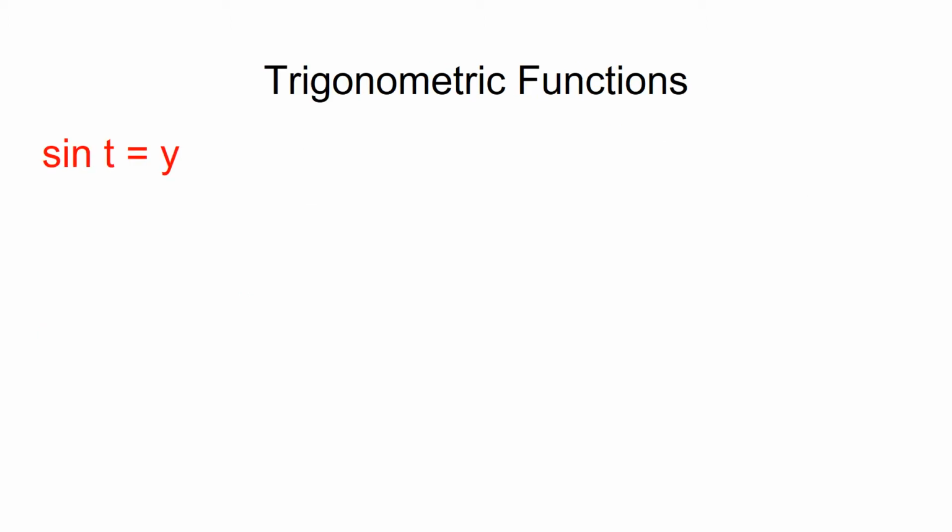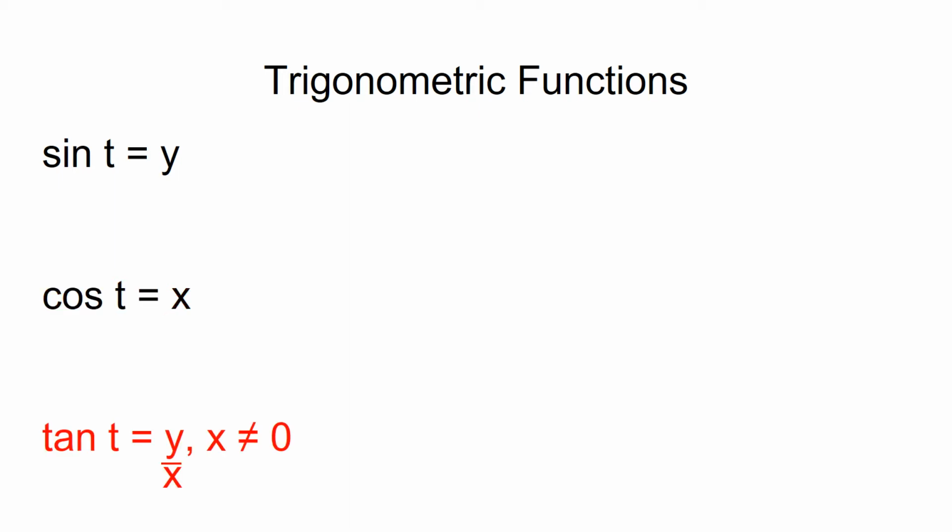We relate P, which is expressed using coordinates x, y, to t by using trigonometric functions. For example, we relate the y-coordinate of P to t by saying that the sine of t is equal to y. Similarly, we relate the x-coordinate of P to t by saying that the cosine of t is equal to x.